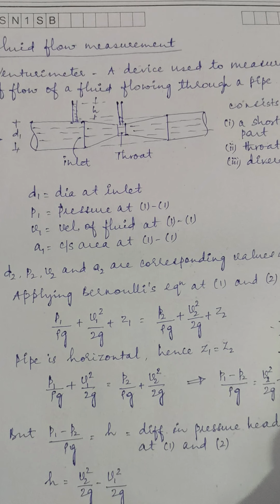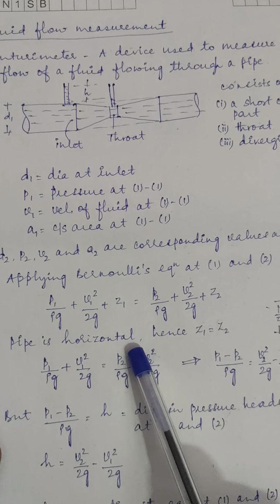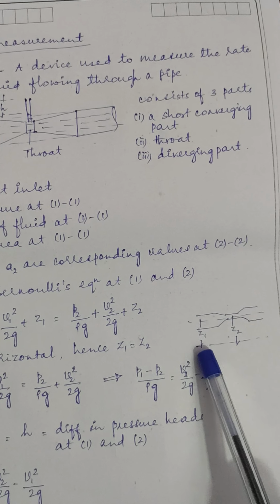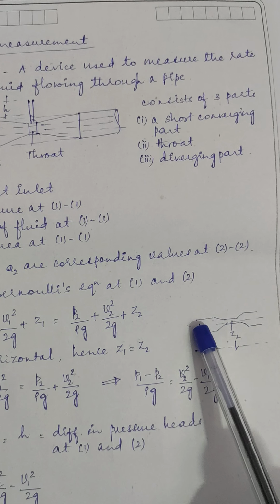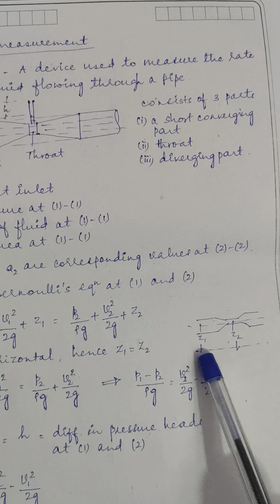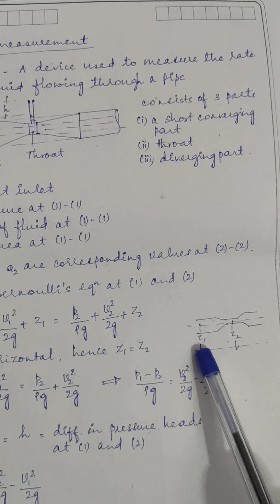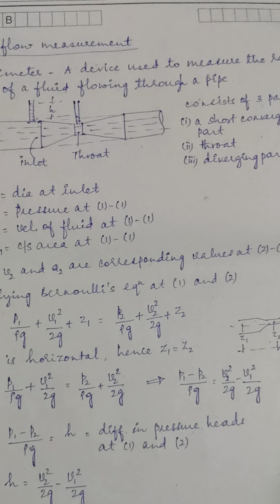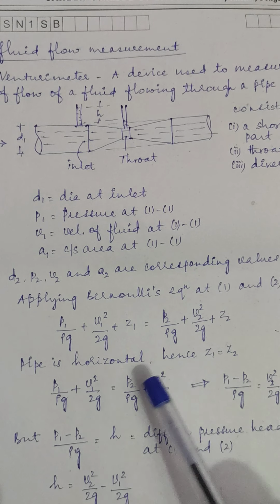Both are equal to a constant value. Since the pipe is horizontal, my datum head Z1 is equal to Z2. That is, the points we have considered, 1 and 2, are at the same level with reference to the datum line. So Z1 and Z2 cancel here.